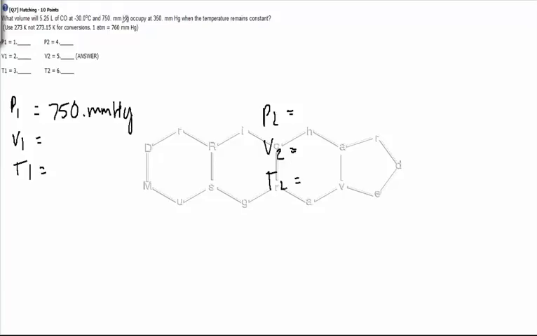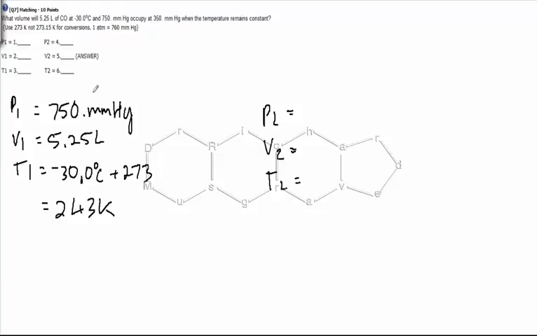Notice there's no over water here, so I don't have to use the vapor pressure of water chart at any point here. The volume one is 5.25 litres, and the temperature one is negative 30.0 degrees Celsius, which I know will end up being converted to Kelvin, so we add 273 and we'll end up with 243 Kelvin as our temperature one.